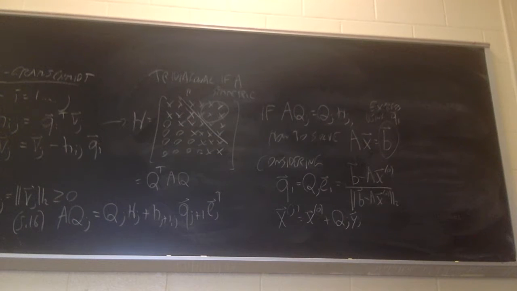And you're also using the fact that Q_j has orthonormal columns. So Q_j transpose Q_j is identity. So see where that can take you.